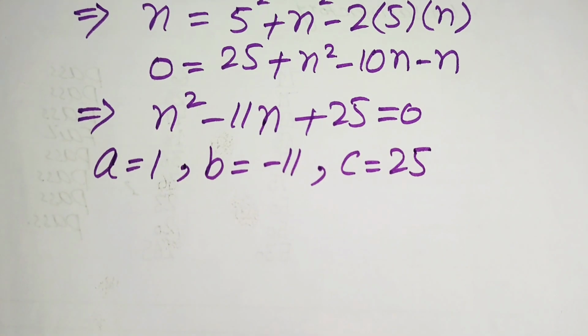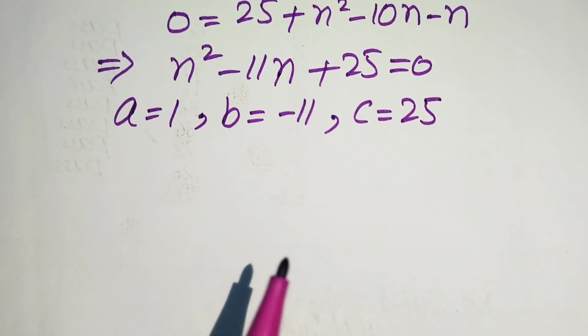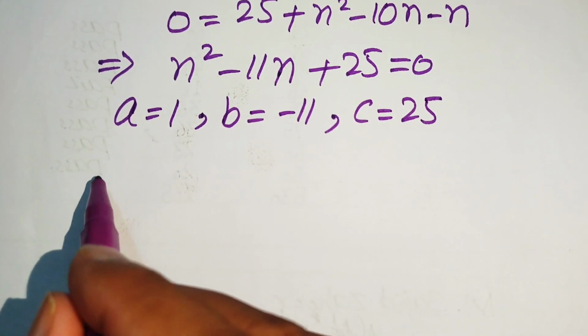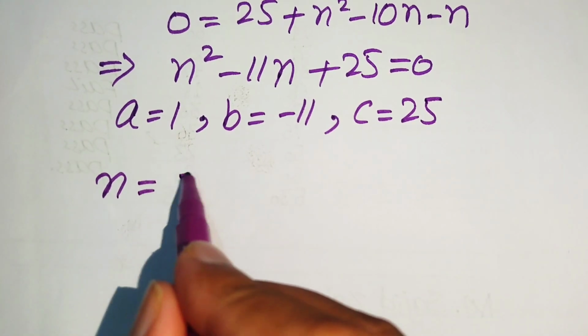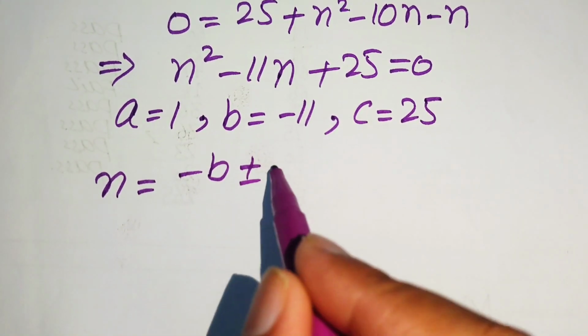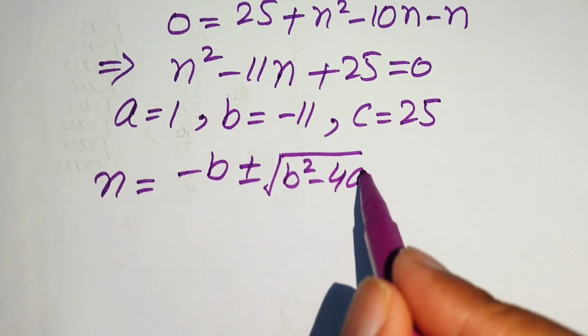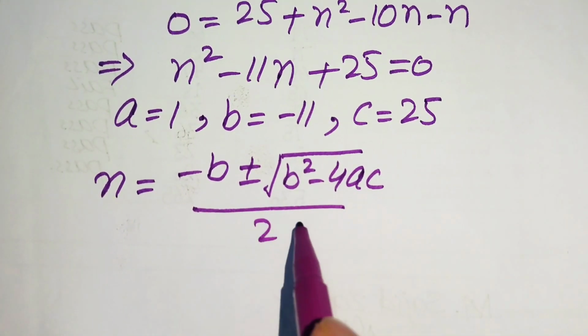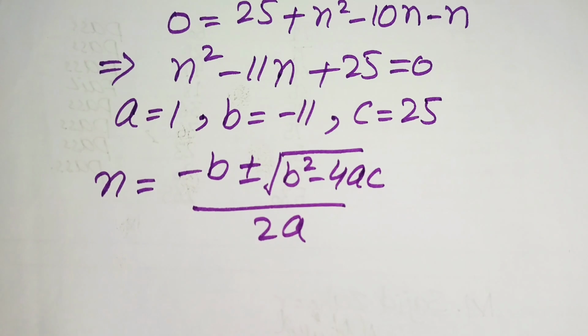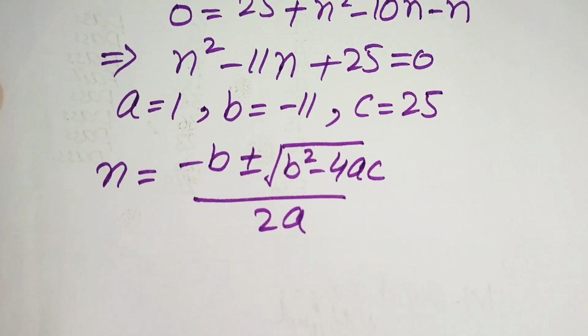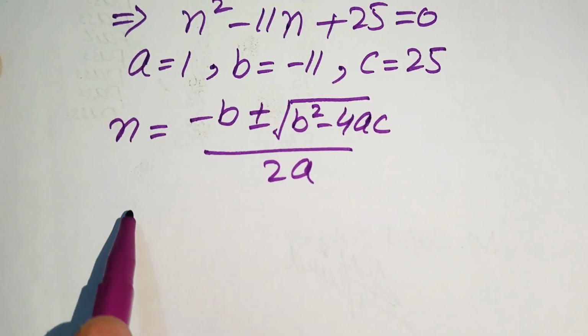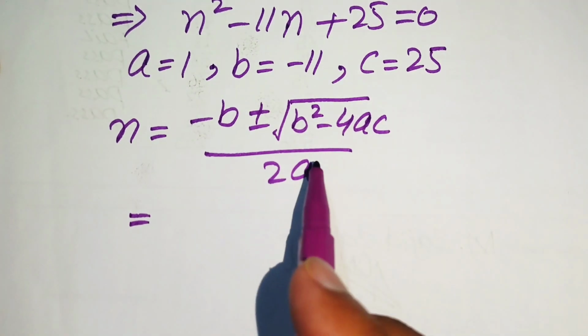And we know about the quadratic formula. It is stated as minus b plus minus square root of b square minus 4 times of ac divided by 2 times of a.